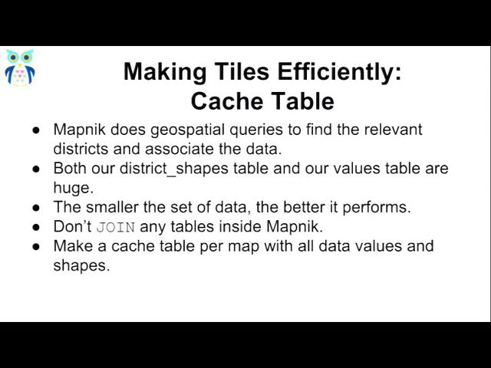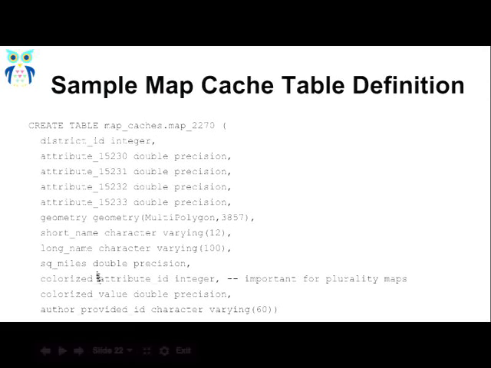And the same thing with the values table. So I don't want MapNIK looking at those tables. The smaller the tables it's looking at, the better it'll perform. So what I've done is I've made a cache table per map with all of the data values and shapes just for that map. And so here's a sample map cache table definition.